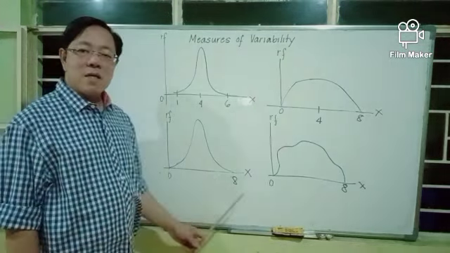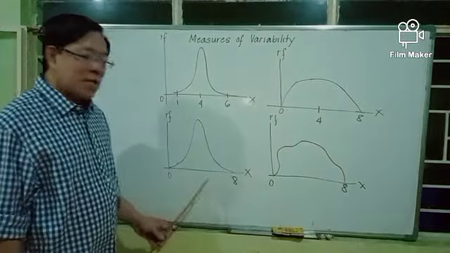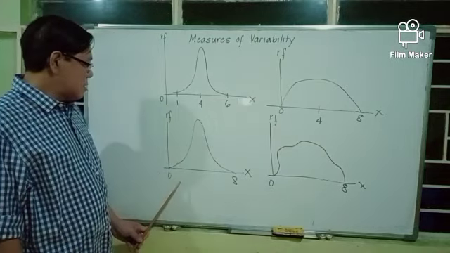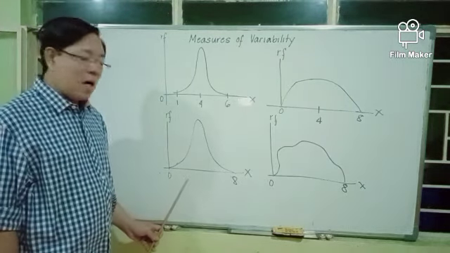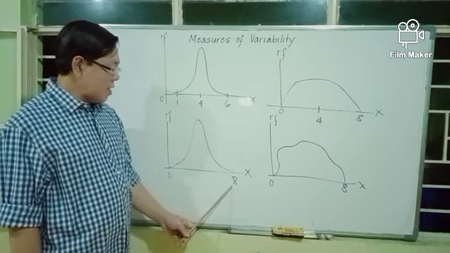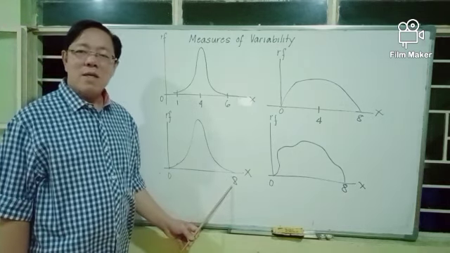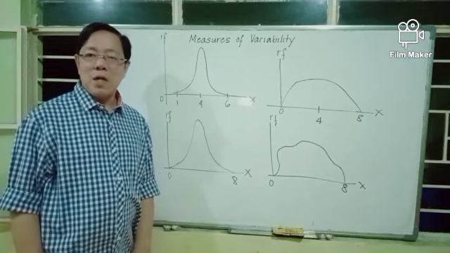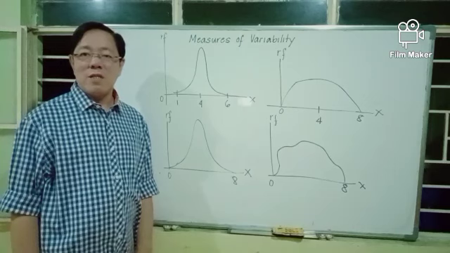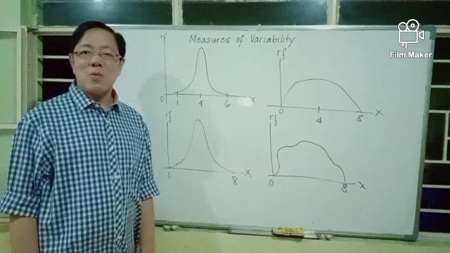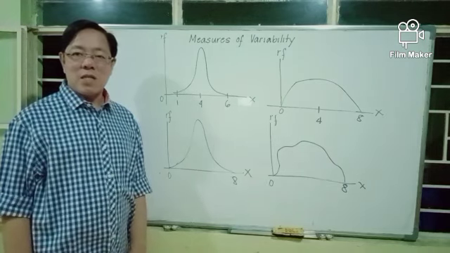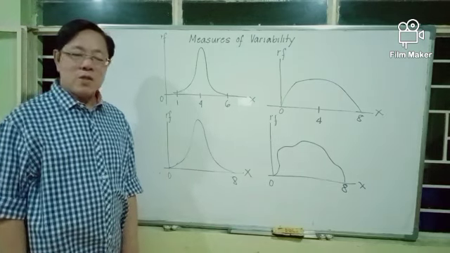Now consider these two sets of measurements represented by these two graphs. In this graph, the lowest value is 0 and the highest value is 8. And if you would compute the range of this set of measurements, we said that the range is the difference between the highest and the lowest measurements in a set of measurements or values.